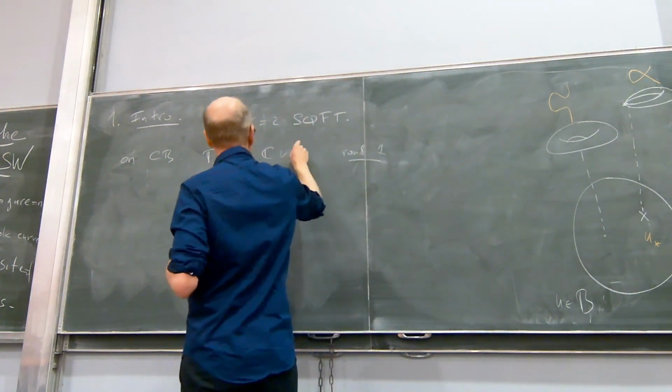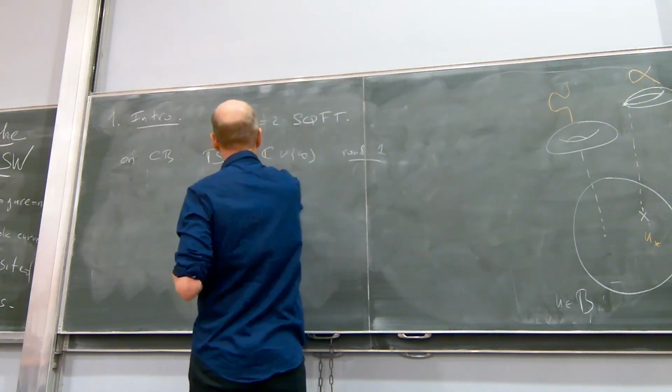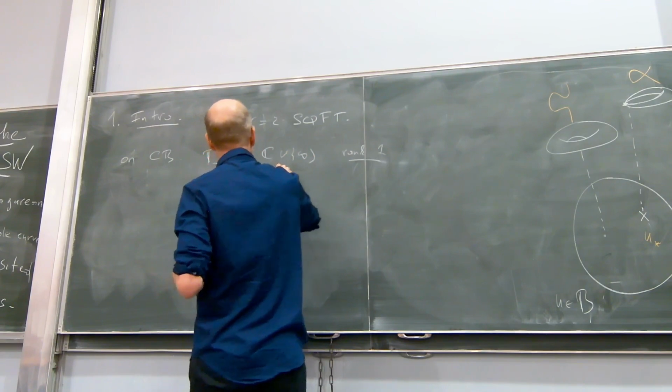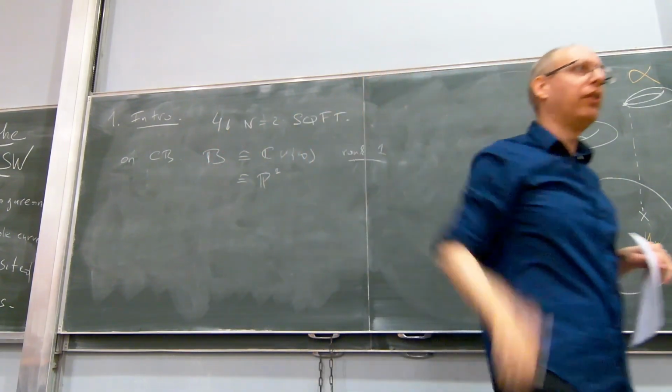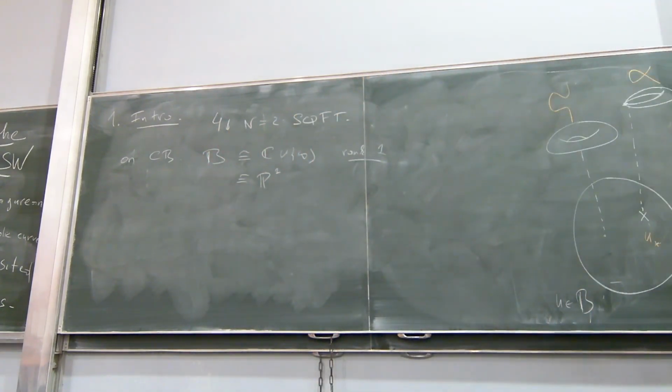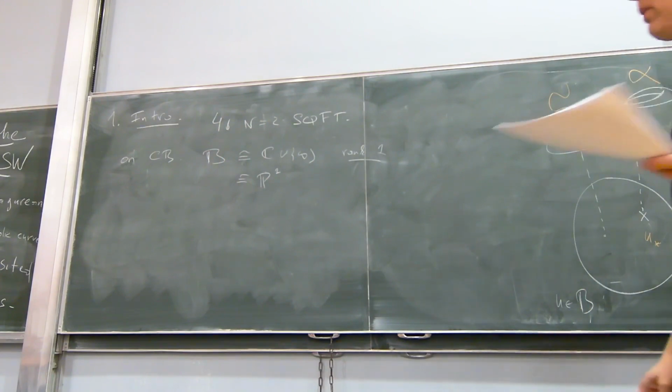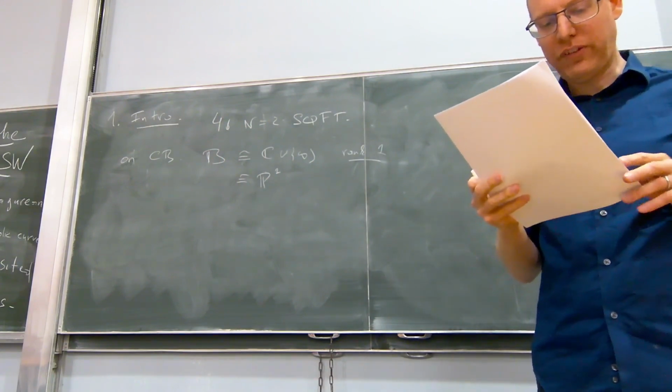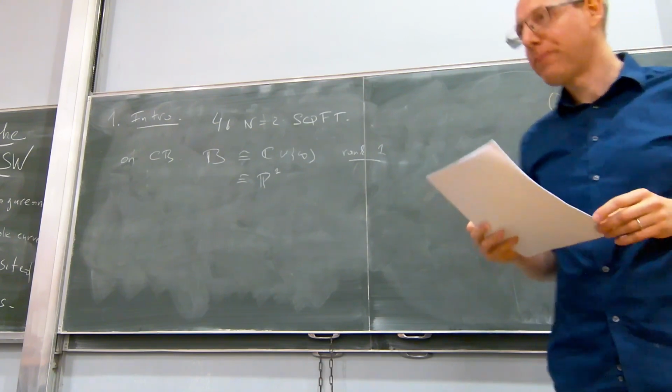So we'll just add the point at infinity. Really the Coulomb branch is some P^1 where you fix the point at infinity. This is where you have semi-classical physics happening.